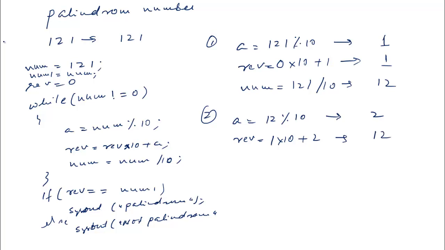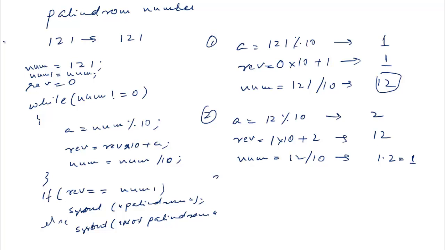Now it is 12, and then num, 12 divided by 10, becomes 1.2, so 1 will be there, because 0.2 will be removed.